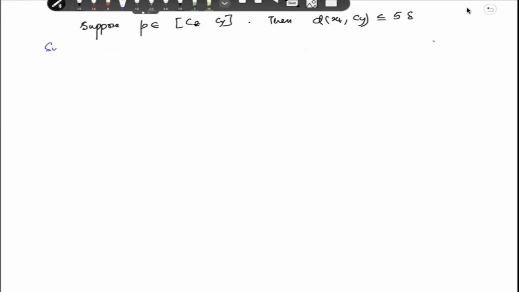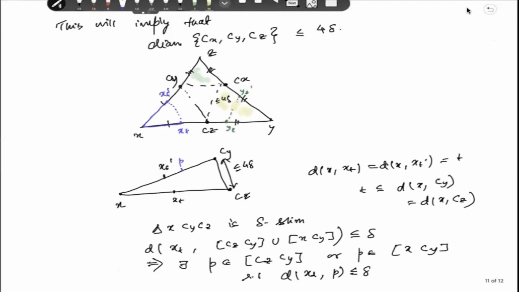Now suppose P belongs to the geodesic joining x and Cy. Then P belongs to either this geodesic joining x and xt' or the geodesic joining xt' and Cy. That is clear from this picture.